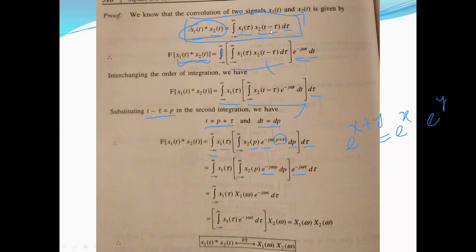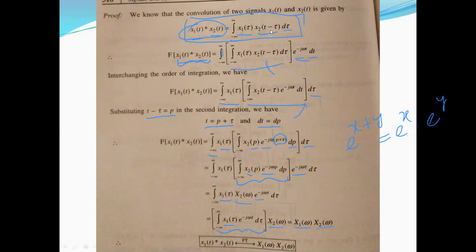Now this becomes the formula of the Fourier transform where the signal is x2, so it becomes capital X2 of omega. The remaining part, we kept x1 of tau and e to the power minus j omega tau. Taking X2 of omega out and writing the remaining in the bracket, this is again the formula of a Fourier transform, but now the signal is x1, so it becomes capital X1 of omega.